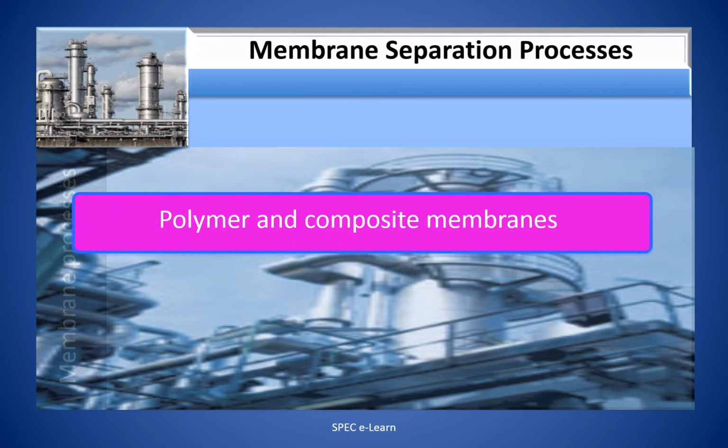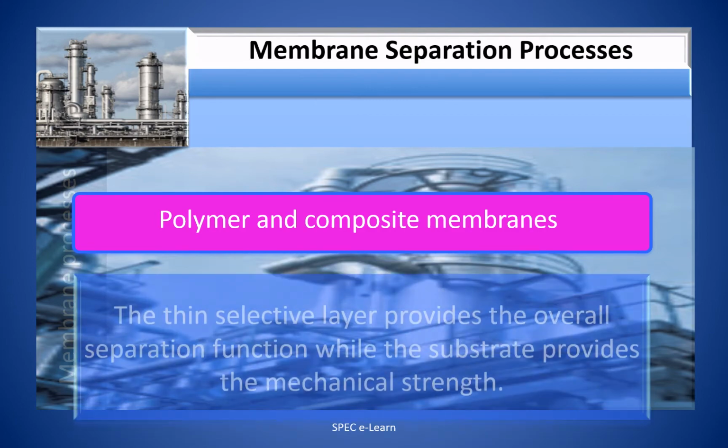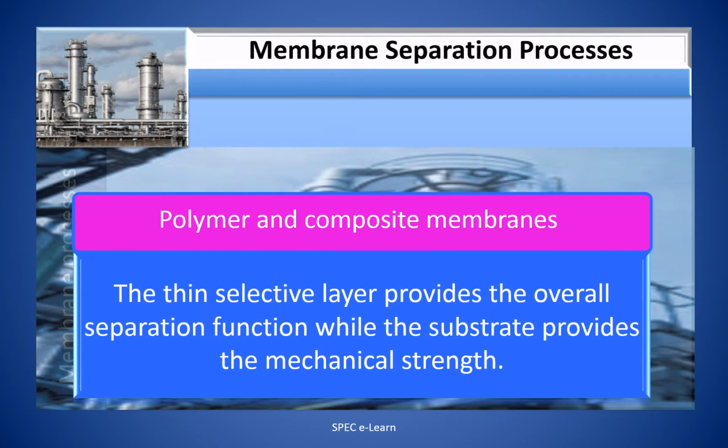Polymer and composite membranes. Generally, a composite membrane consists of a selective layer of non-porous membrane and a porous substrate layer. The thin selective layer provides the overall separation function, whereas the substrate layer provides the mechanical strength.